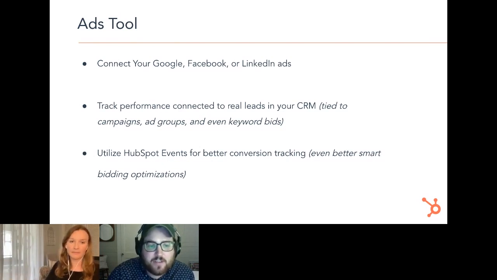And see how those ads are performing once they're already in your database and are already leads for you. We can show you some of this towards the end if you'd like, but tying this to campaigns and ad groups and keyword bids, so you can really see not only how these things are performing, but how they're performing down to specific leads and customers in your database.